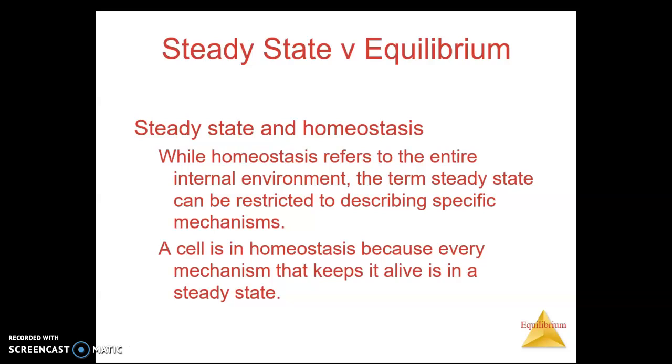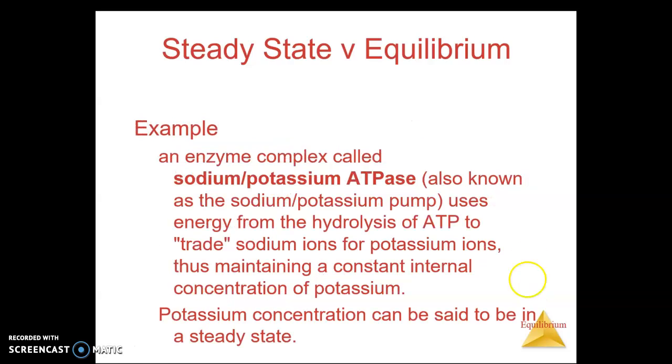So, for instance, when you have an animal cell, you have the mitochondria taking the glucose and pyruvic acid and giving you ATP so that other processes in the cell can keep going on. That's a steady state that's keeping other steady states steady, and therefore the cell has a homeostatic situation.